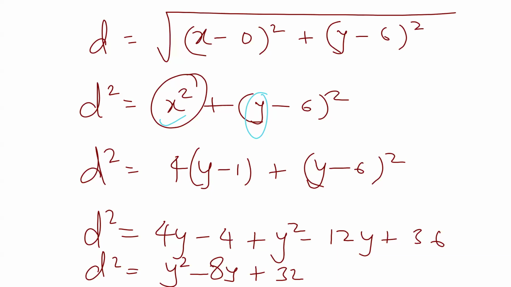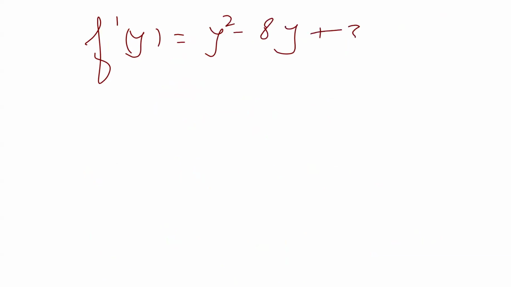So now this is the value of d square. It is f of y, y square minus 8y plus 32. If you're taking everything in terms of x, it won't be this simple. I'm very much sure about it. See, this is f of y.